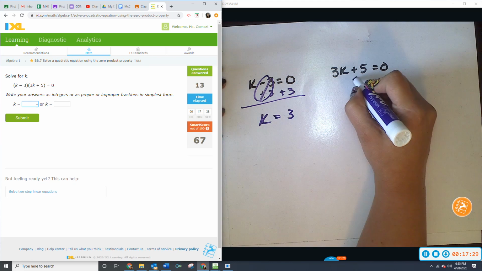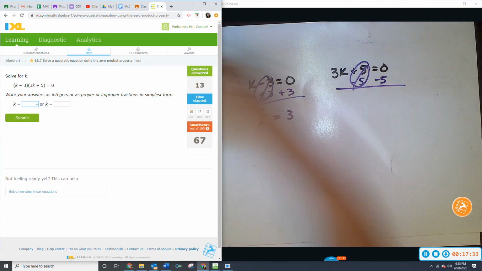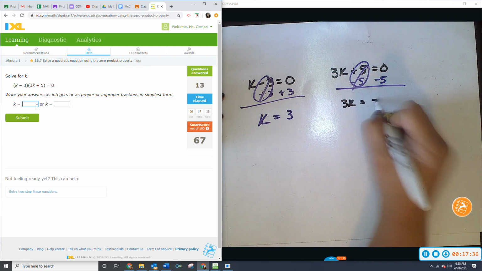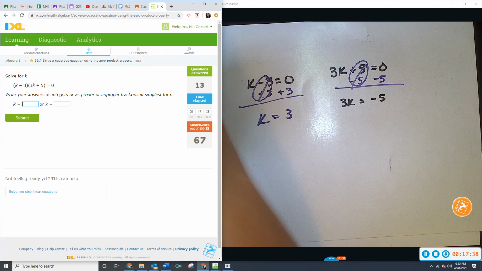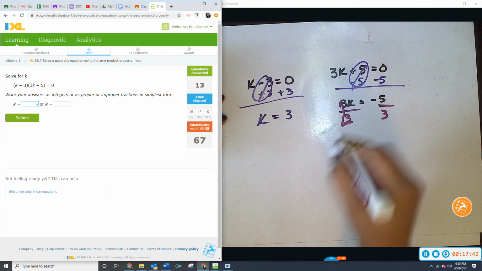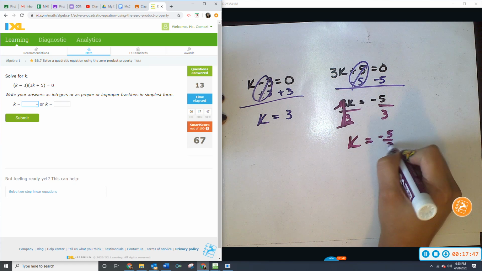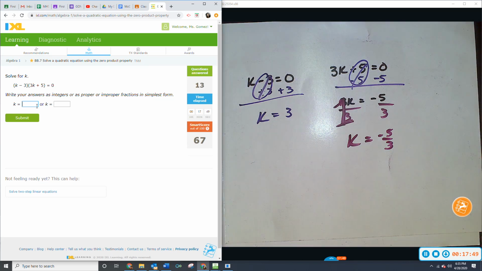Subtract 5, 3k is equal to negative 5, and then of course, divide by 3. There we go, k is equal to negative 5 thirds, okay, negative 5 thirds, and 3. All right, it's going to be that easy all the way through. I'm going to stop here though so that I can help you with the other one.